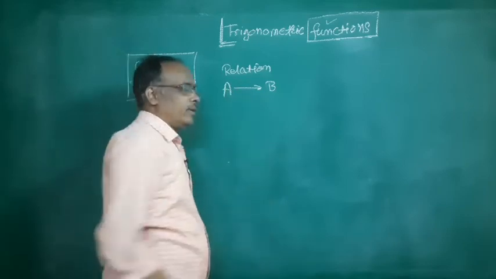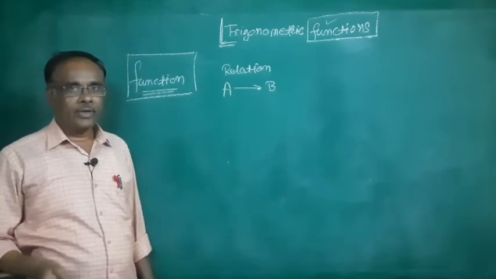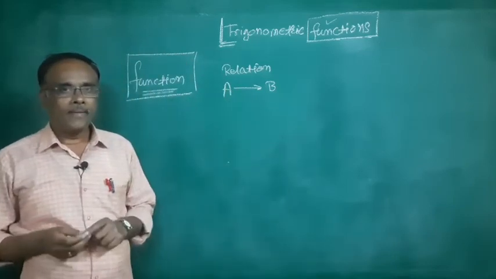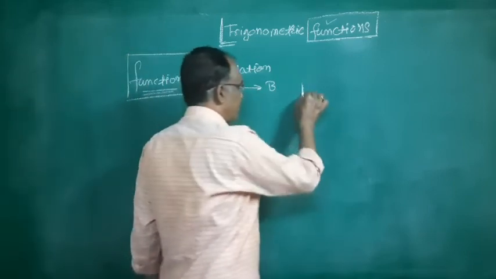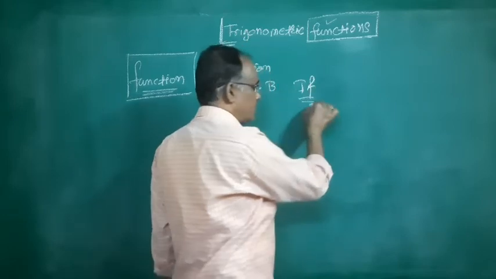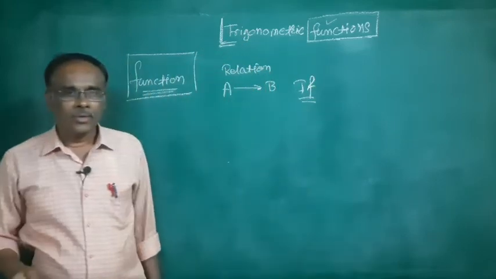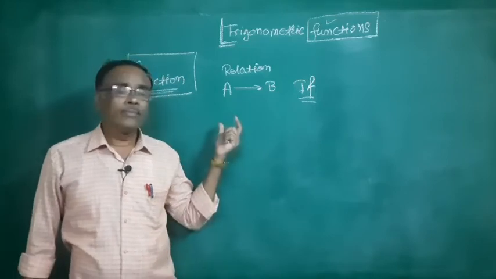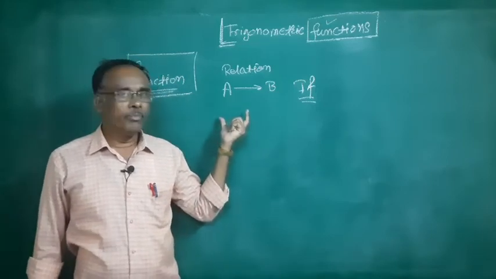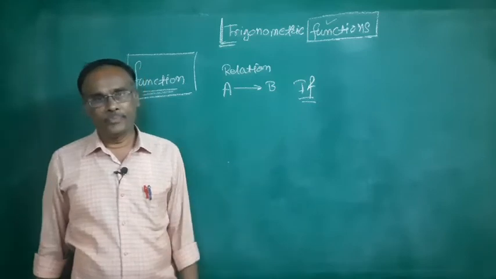A relation from A to B is said to be a function if... what is the condition? What is the condition to call a relation from A to B a function?